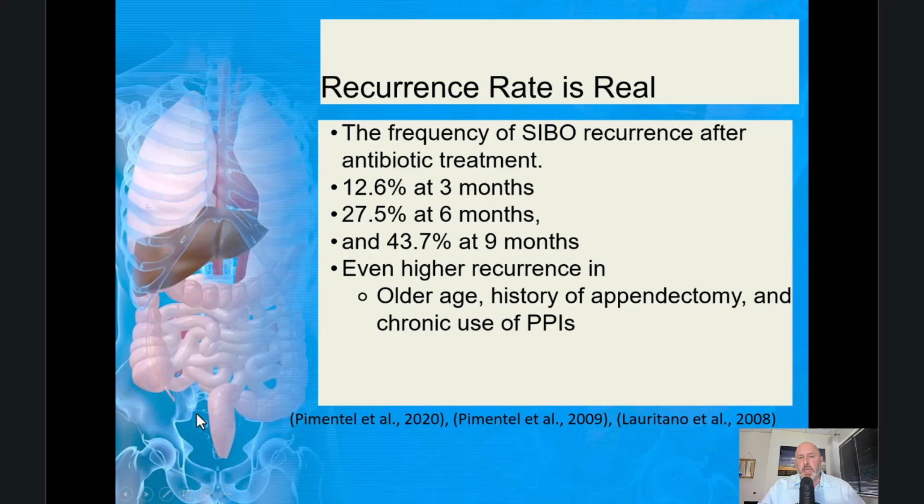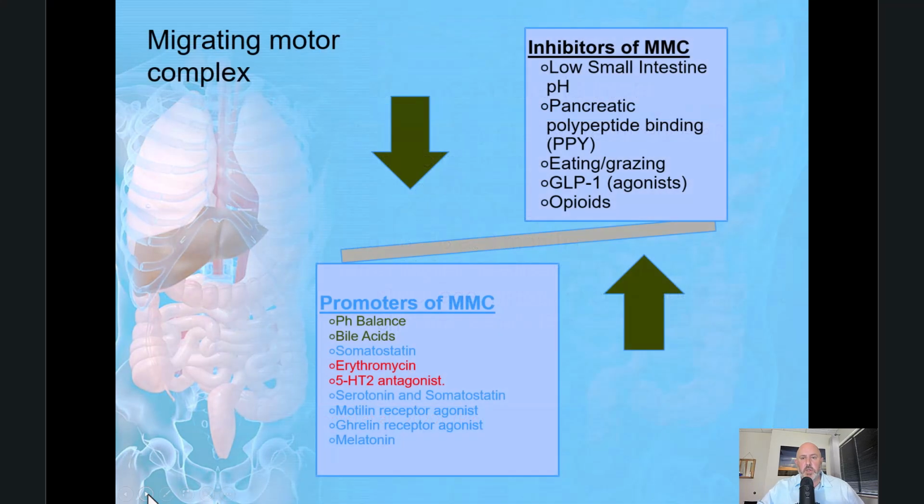So big take home message though, with all this treatment, you could be feeling better symptomatically and the SIBO could be gone, but the recurrence rate of this is highly likely, probably more likely even in Crohn's. So having a preventative strategy after you treat is very important. One of the ways to do that is through support of the migrating motor complex, which is the mechanism of the gut that keeps the upper intestine sterile.